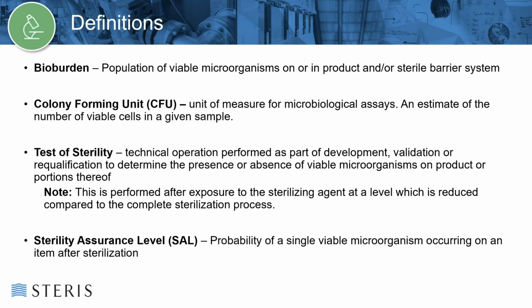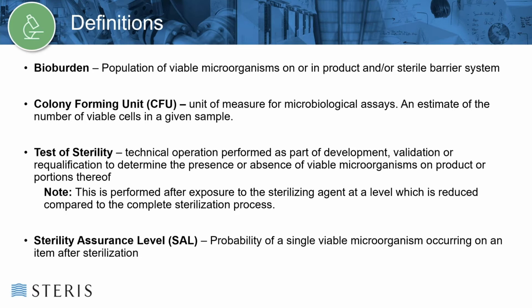Tests of sterility are presence or absence tests performed on the product or its components in the execution of a validation. Tests of sterility of the product are performed after low exposures to the sterilant in order to show comparative resistance to a biological indicator organism. Sterility assurance level is the probability of a non-sterile item.